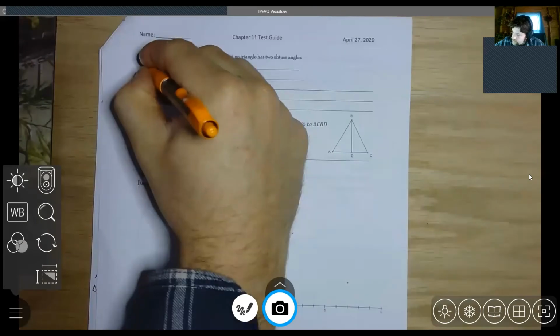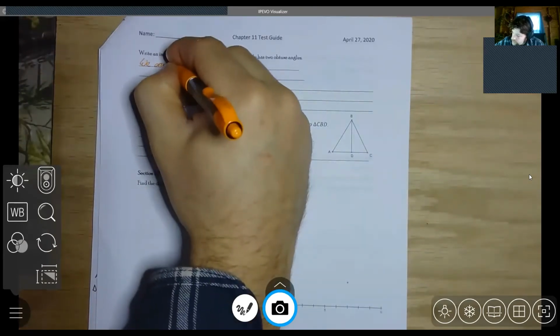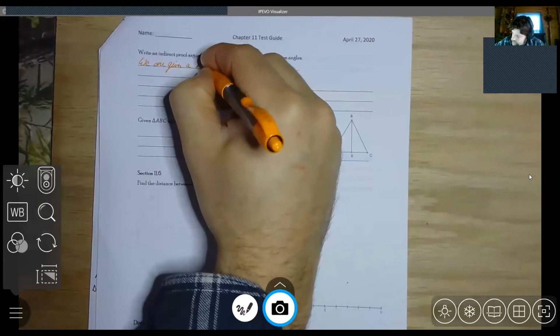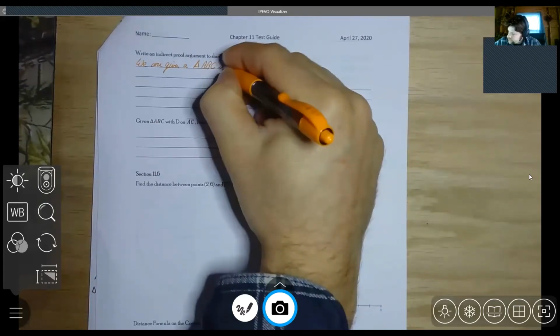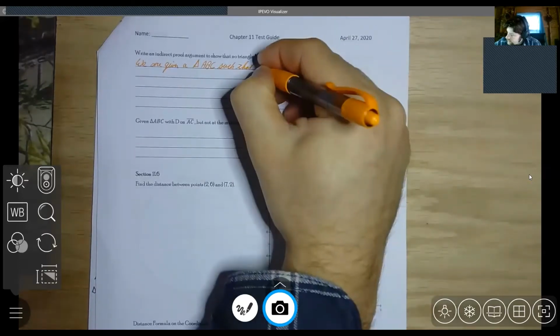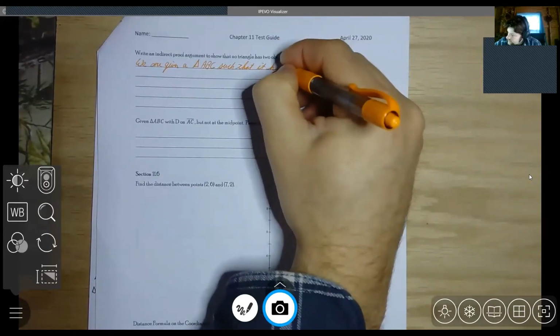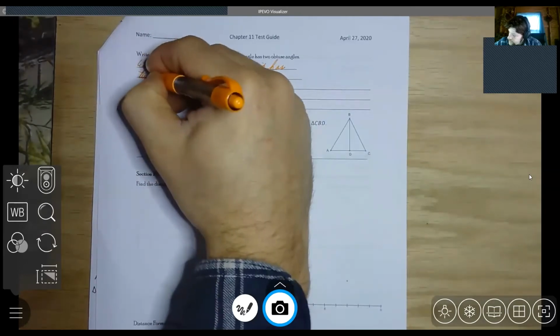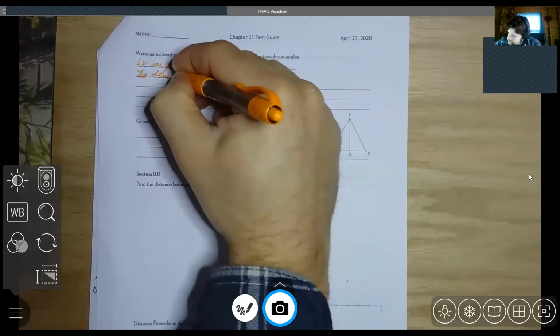So we'll say we are given a triangle ABC such that it has two obtuse angles.